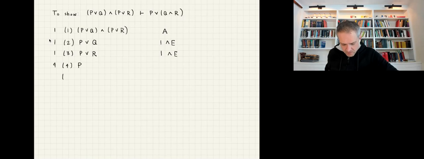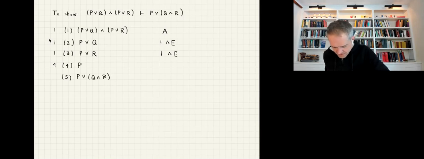So if we assume the first disjunct of the first disjunction, then the conclusion follows. Oops, that should be an assumption on line 4. And then line 5 is or introduction.